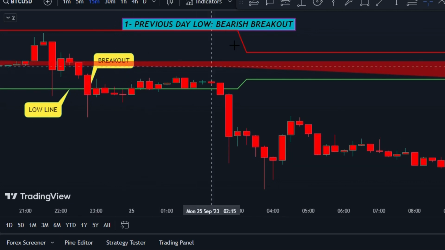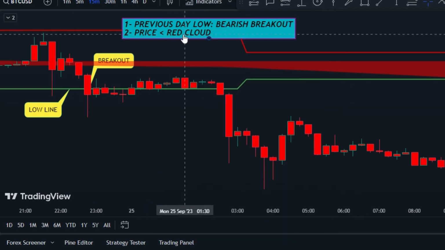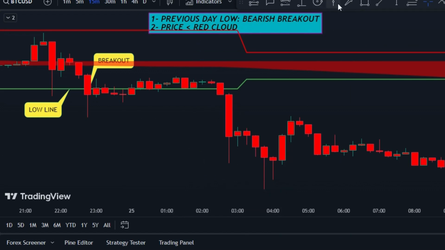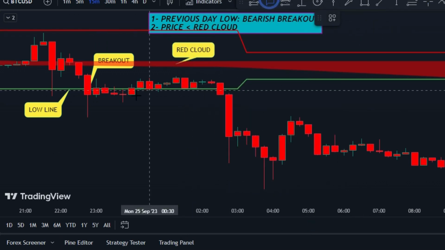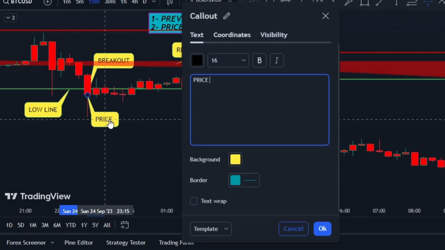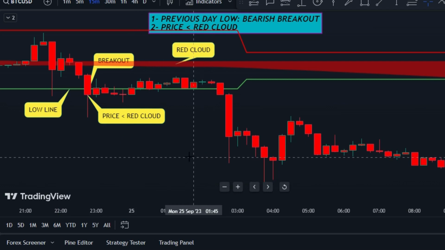Also, make sure that the market is going down. If these things are true, you're ready for a short trade.